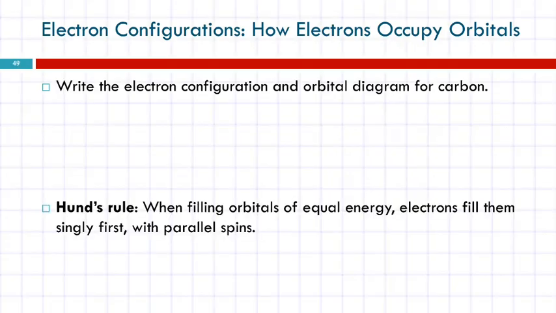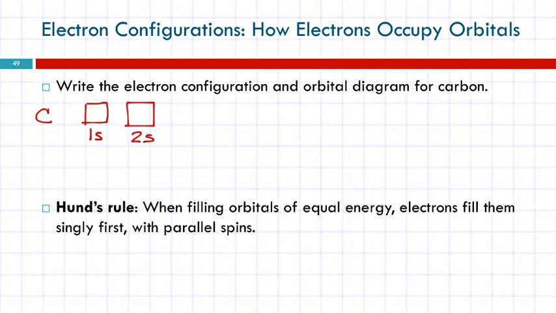So let's write the electron configuration and orbital diagram for carbon. How many electrons does carbon have? 6. 6 electrons. So let's draw some rooms here before we put the electrons in there. So the first room is going to be on the first floor, the 1s, and then we've got the 2s, and also on the second floor, there's a P room.